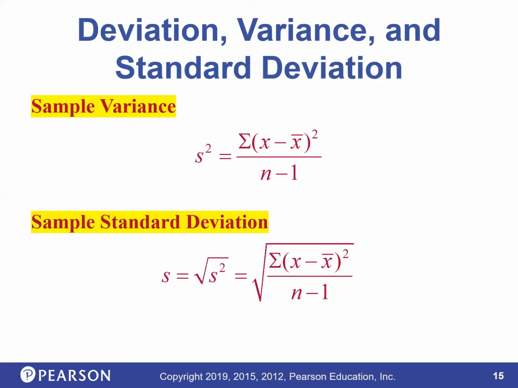Yes, okay, the main one. You guys ready? Notice on the bottom, it's n minus 1. So whenever you take sample variance or sample standard deviation, we always subtract 1 from the total number we have. The reason for it is because we have sampling error. This is one way that we try to undo sampling error.